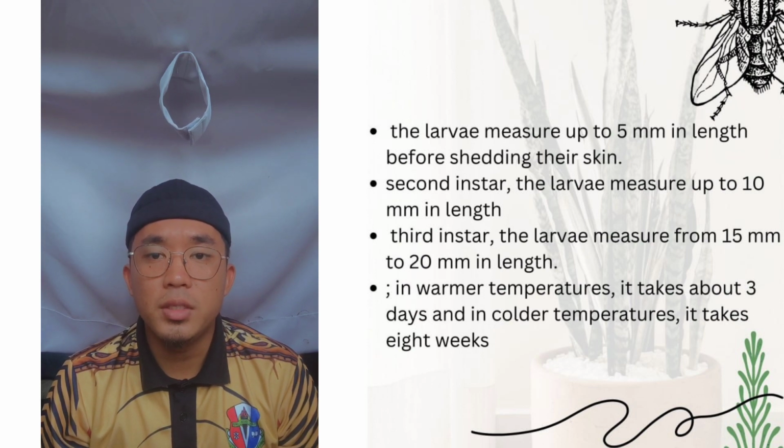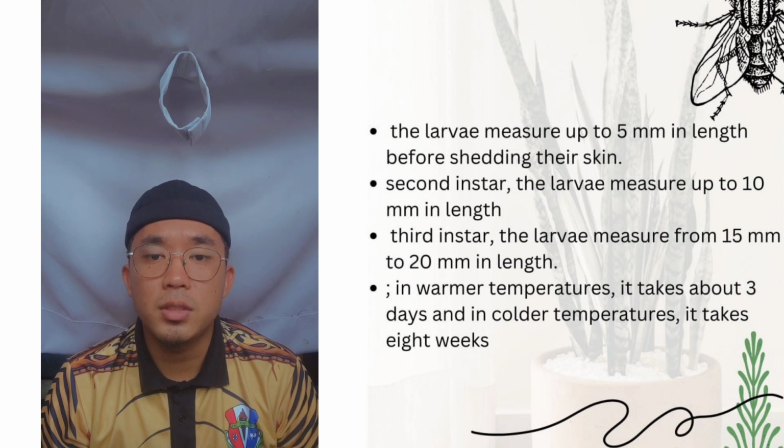By the time they reach the third instar, the larva measures from 15 mm to 20 mm in length. The time difference between each stage varies. In warmer temperature, it takes about 3 days, and in cooler temperature it takes 8 weeks, with each molting and instar stage spacing. The larvae grow bigger and reach the pupa stage.